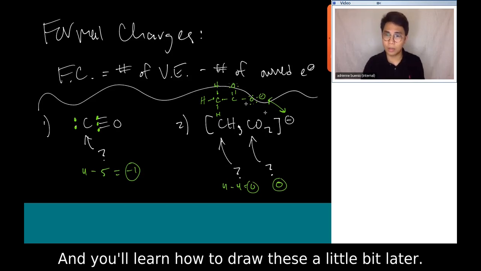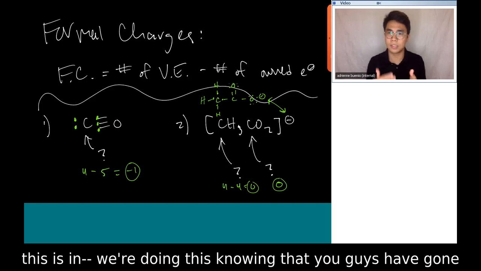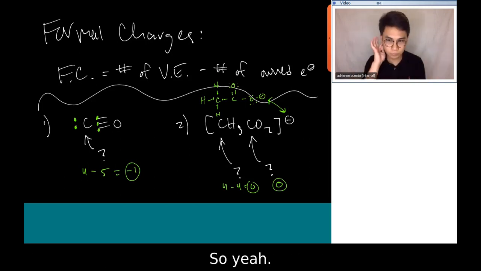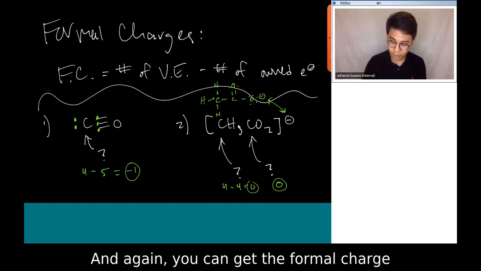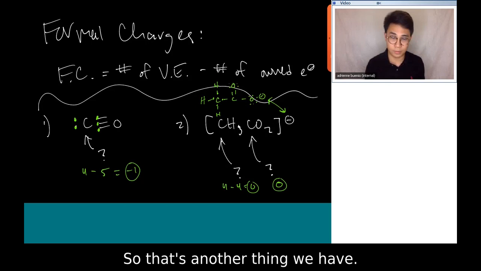You'll learn how to draw these a little bit later. This is a summary, and we're doing this knowing that you've gone through the chapter yourself, so it's a big review. And again, you can get the formal charge for each one of these atoms.